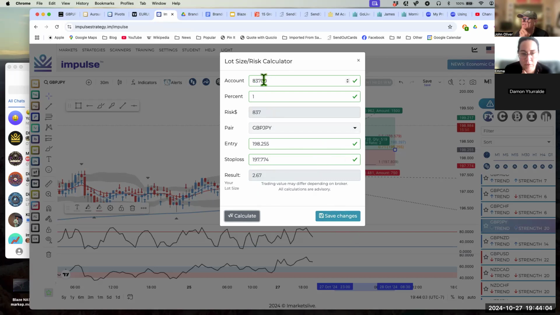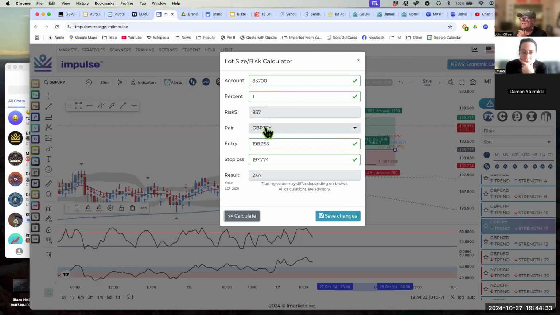So this is how we do lot size calculations for anyone on here that doesn't know how to do it. This calculator is available up here on the right-hand side on Impulse at the top. It's grayed out at the moment. When you click on that, this lot size will come up. You put your account size in here, what you want to risk, in this case 1%.